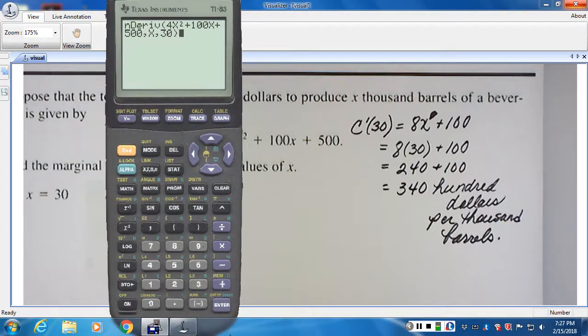And then again, you interpret. So at 30,000 barrels production level, the cost of the beverage is, again, increasing by, let's see, $34,000 per 1,000 barrels. Okay?